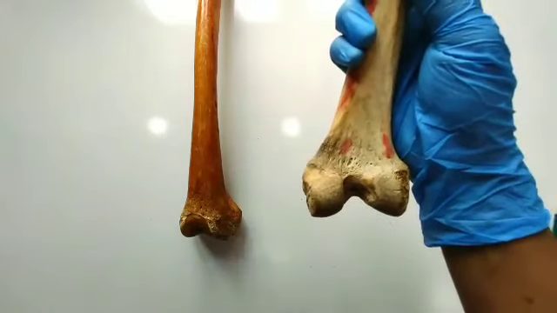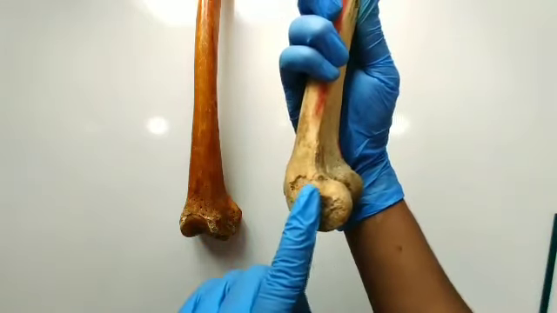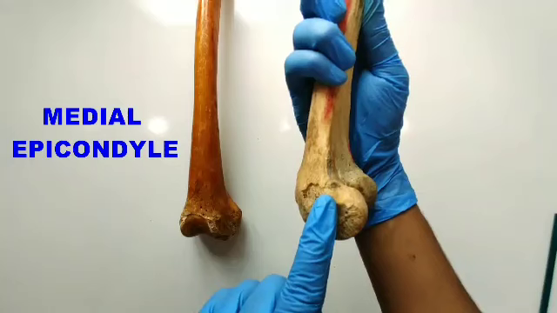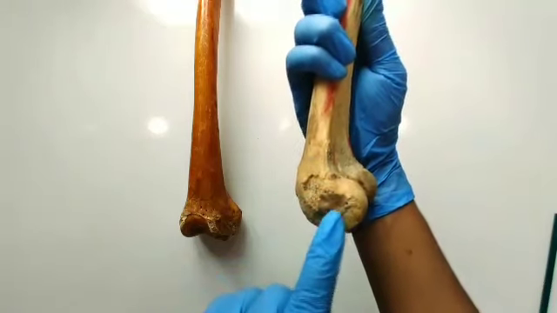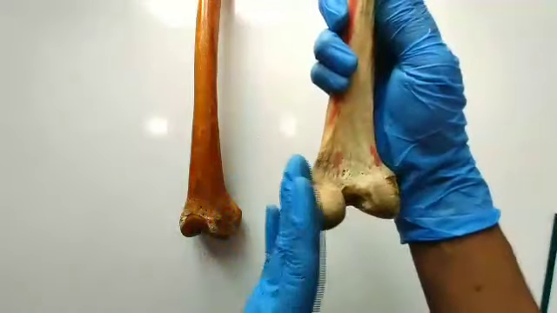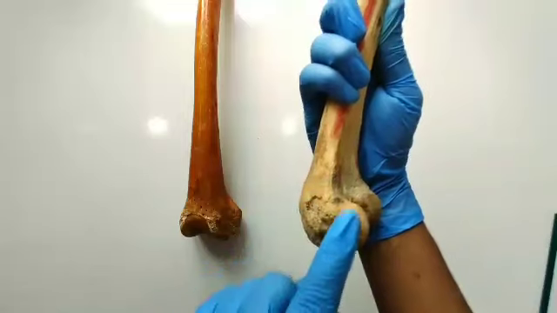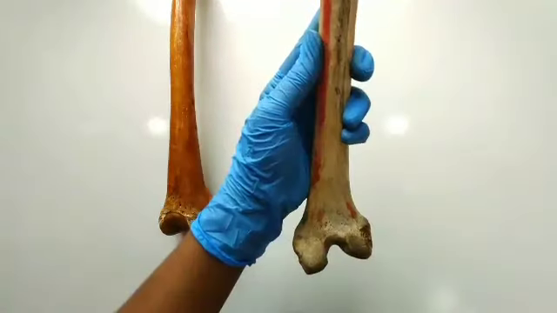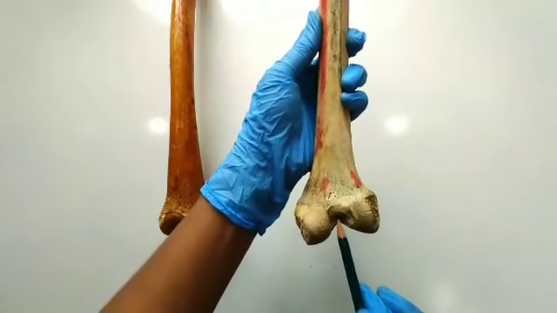Now there is an elevation present in the medial condyle, here, known as the medial epicondyle. Similar to the lateral epicondyle, there is a low rounded elevation present on the medial aspect of the medial condyle, and this elevation is called the medial epicondyle. Now coming to the intercondylar fossa. So here is the intercondylar fossa.